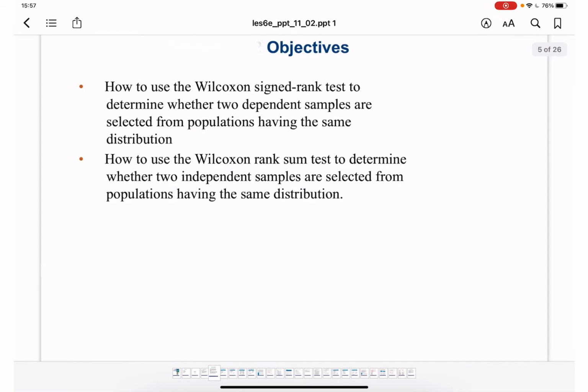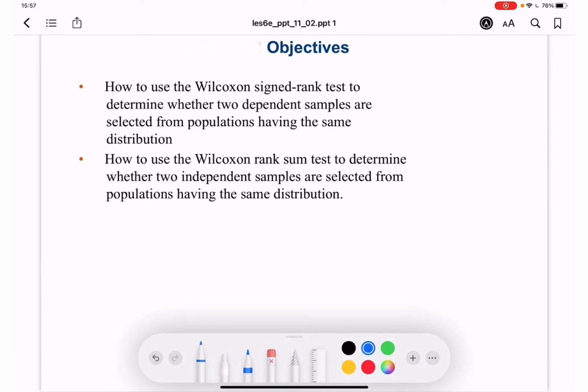What are our objectives here? We are going to learn how to use the Wilcoxon signed rank test to determine whether two dependent samples are selected from populations having the same distribution. And second, we are going to find out how to use the Wilcoxon rank sum test. That's going to be the next video, the second one, to determine whether two independent samples are selected from populations having the same distribution.